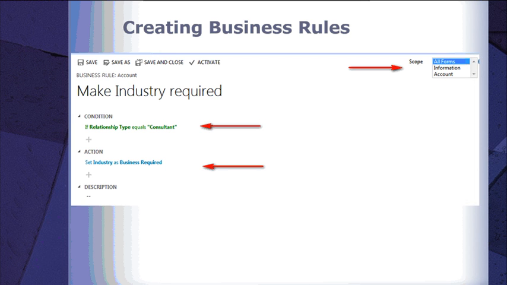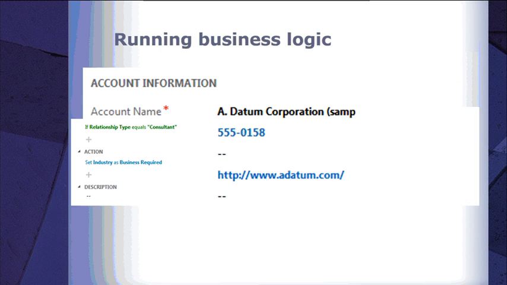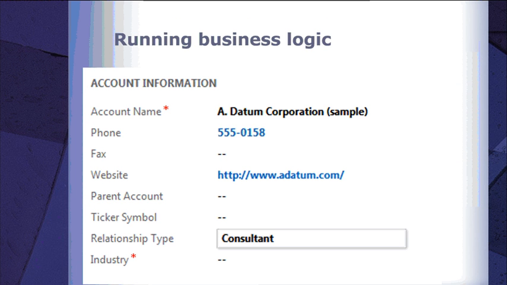After activation, let's test our business rule. So let's move to the next slide, and we will see that we have created this business rule specific to our account entity, and when we open that account entity, we can see that here in the relationship type, we have selected consultant. Once you select consultant, it will make the industry field required, and you need to enter whatever information you want to enter here.